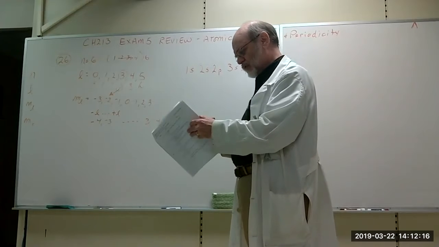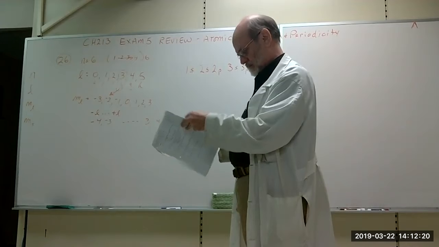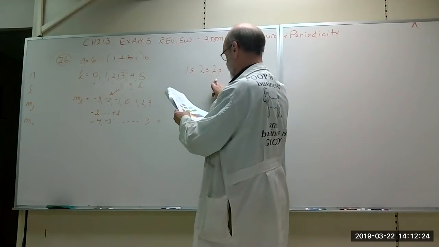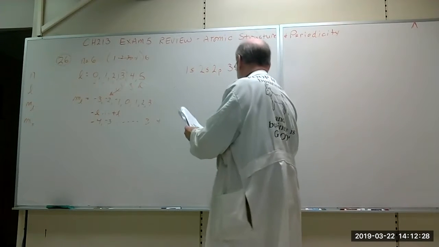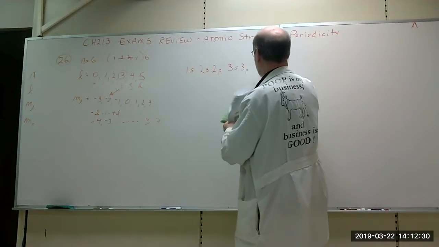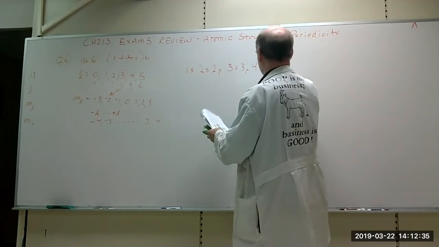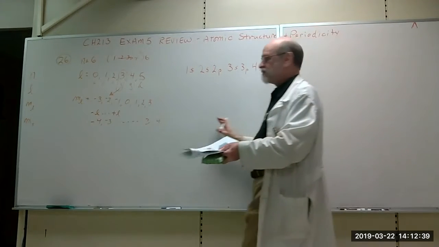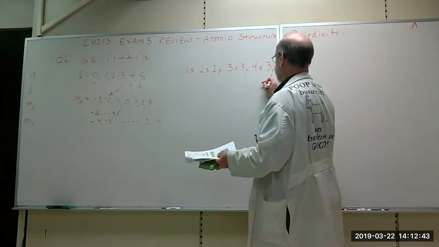So 1s, 2s, 2p, 3s, 3p, then we go to 4s, then we go back to 3d. So in order of energy filling, it's 3s, 3p, 4s, 3d.